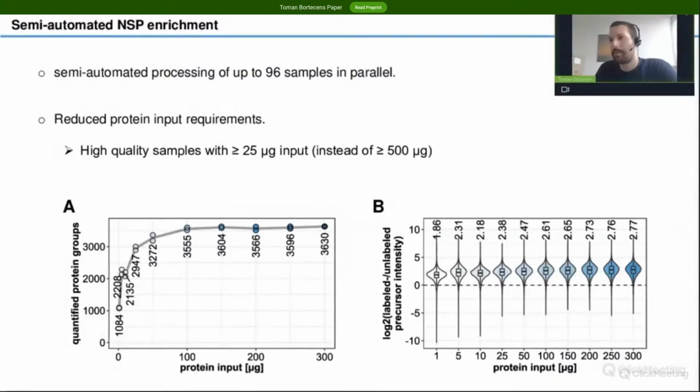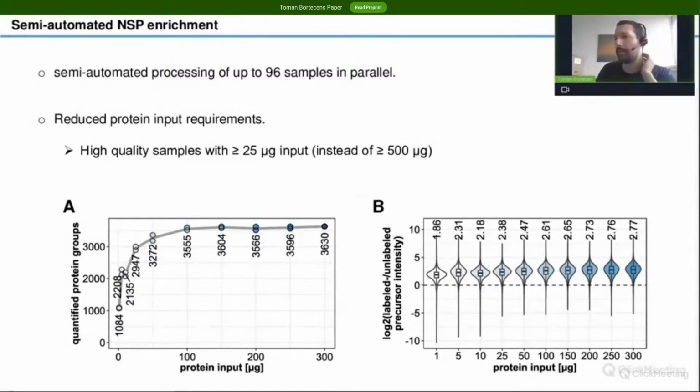Furthermore, I also show some interesting data here in panel B, where we like to assess the efficiency of our enrichments of the newly synthesized proteins by looking at the ratios of labeled or stable isotope containing peptides and their intensity versus the previously synthesized or background binding proteins, which do not contain the isotope labels.